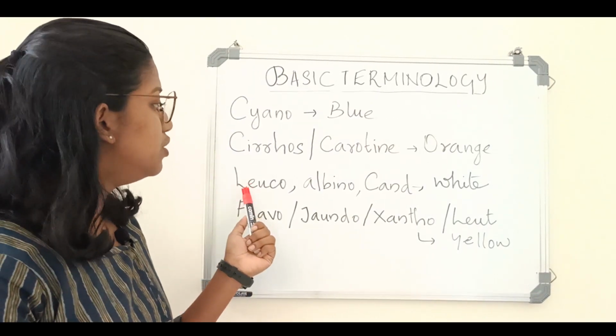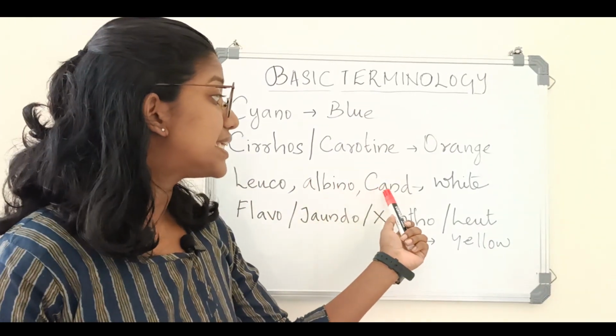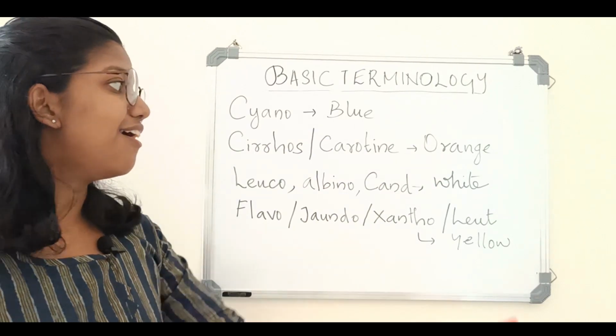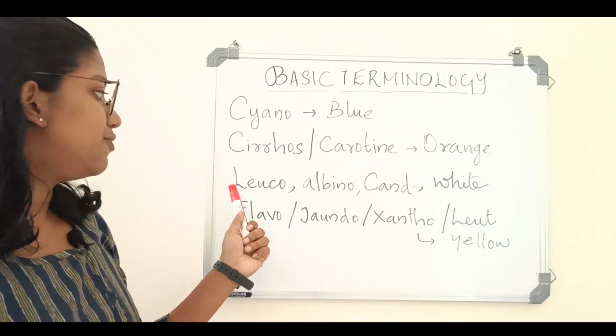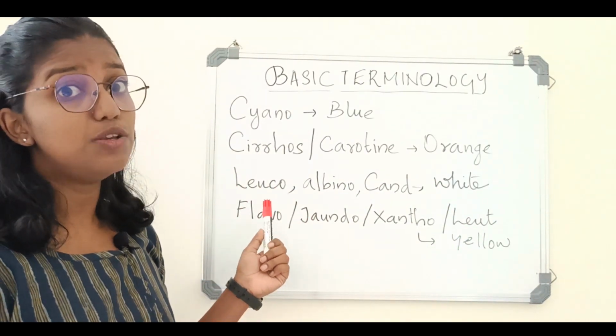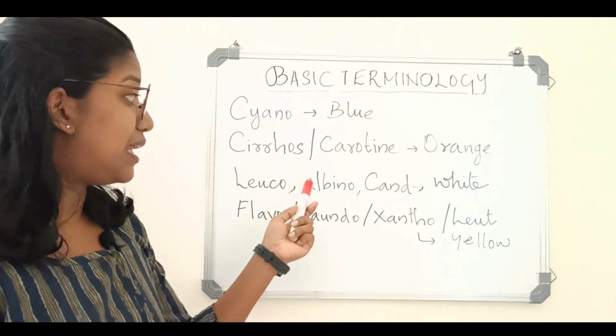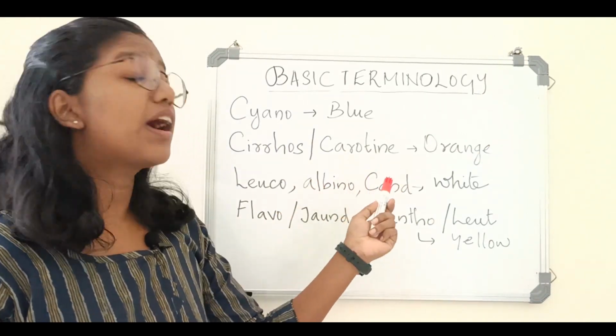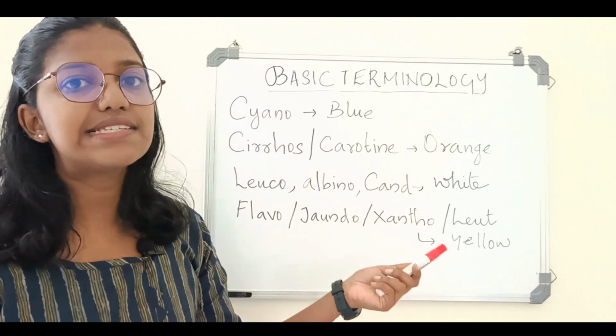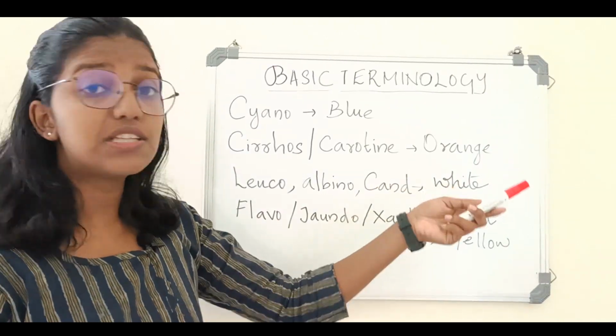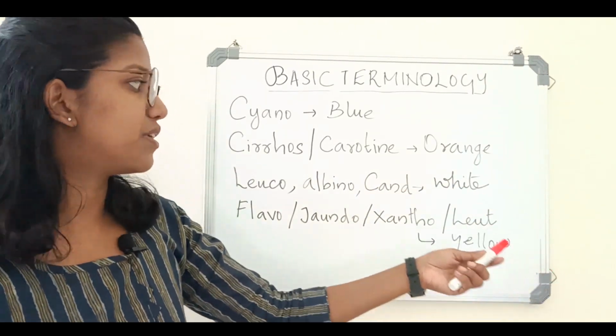And leuco, albino, and candid. These refer to the color white. We heard about WBC, which is leukocyte, white blood cells, albino, and candid. Candid, for example, we could say like the disease candidiasis, where whitish discharge is formed, right?